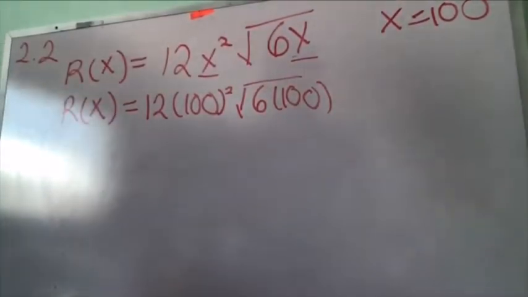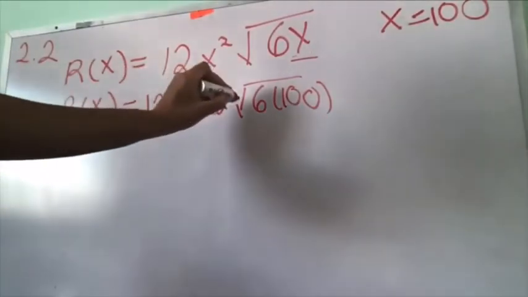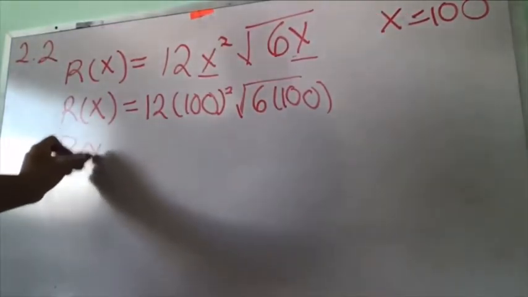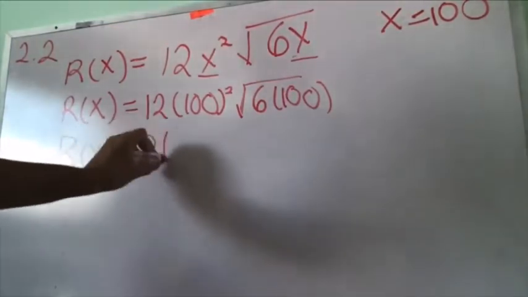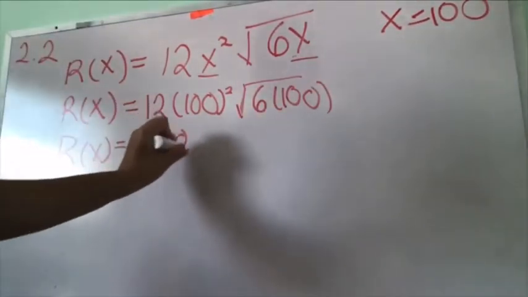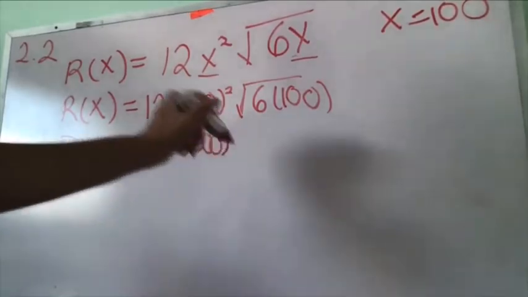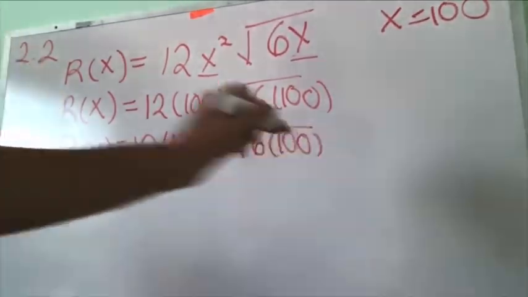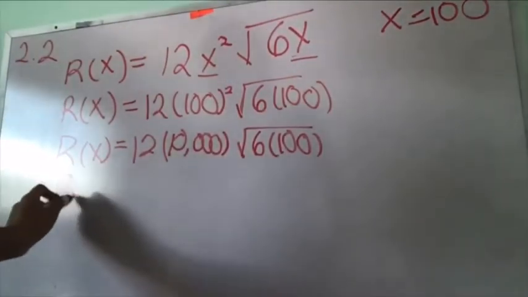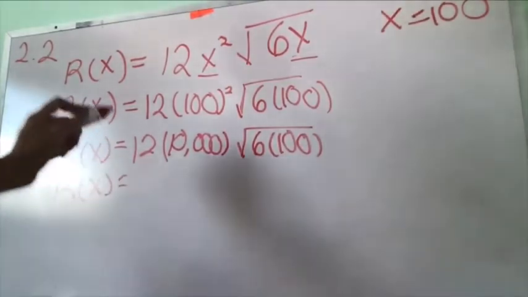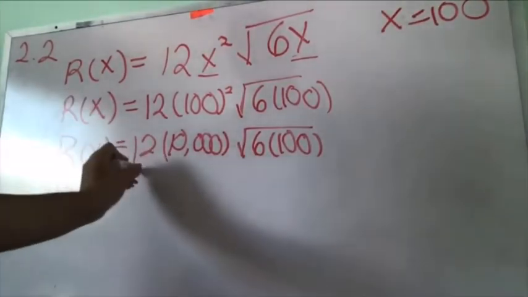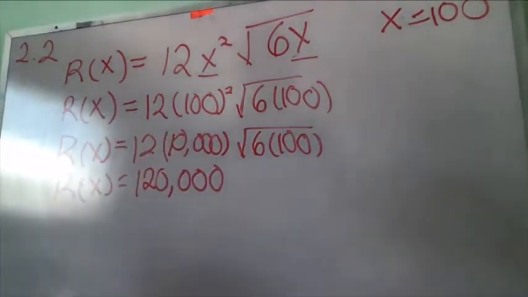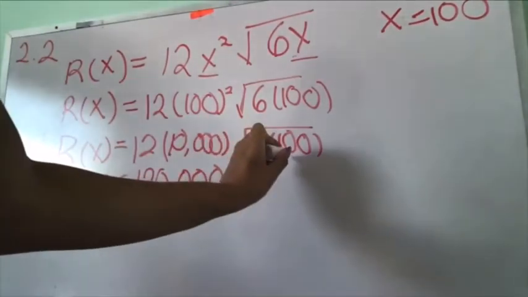Then we need to multiply 12 by 10,000 times the square root of 6 by 100. Then 12 by 10,000 is 120,000, and we need to take out the 100.